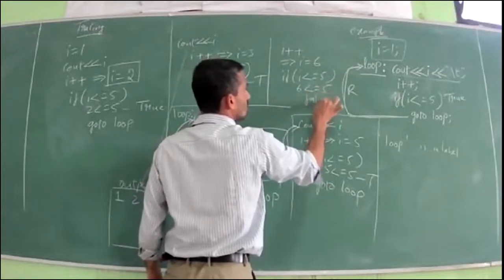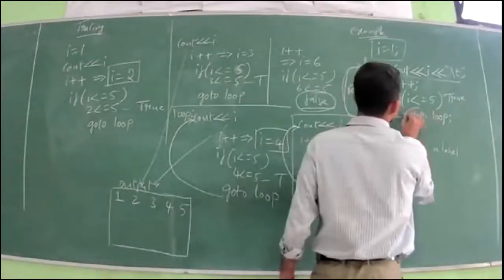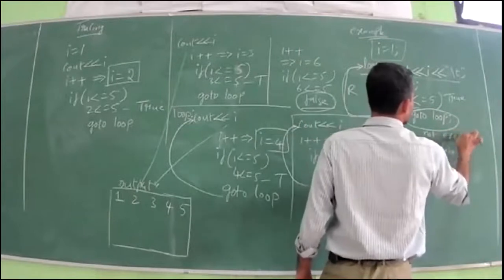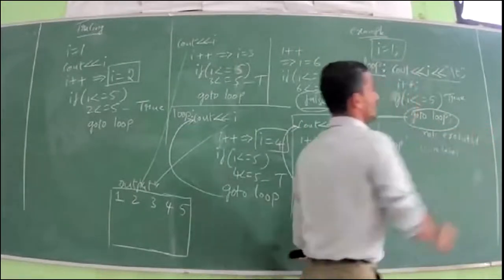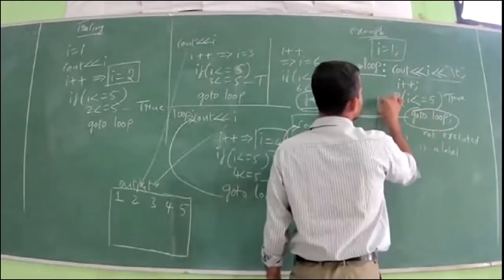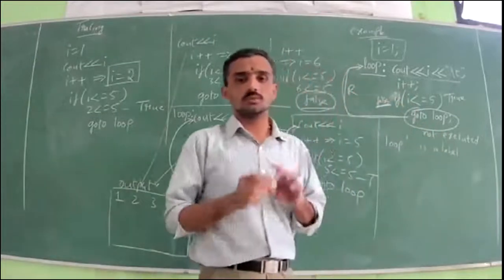The condition is false. If the condition is false, the go to loop statement is not executed. If it doesn't execute, it will stop.